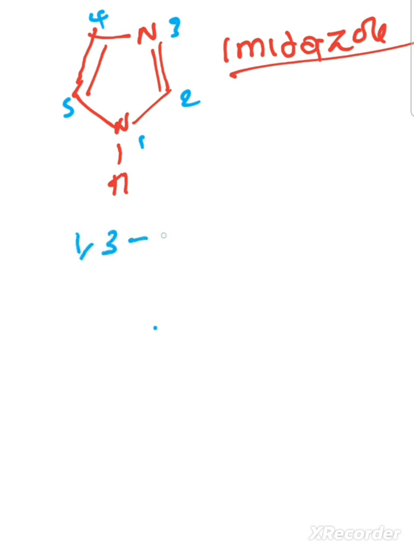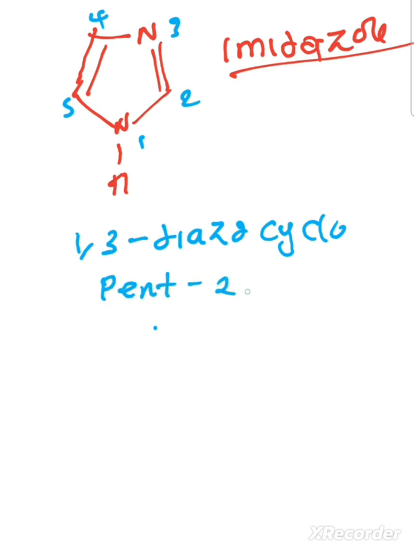You have diaza, then here you're going to say cyclopenta. The double bonds are at 2 and 4, then you say diene, like this. It's the same thing, but the position of the nitrogen is the difference.